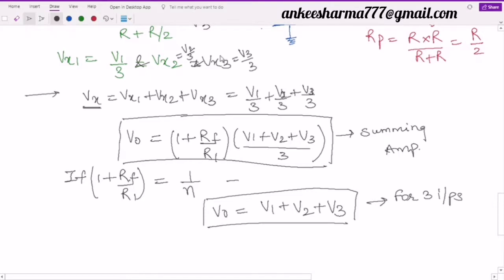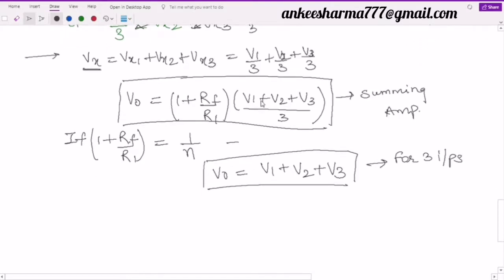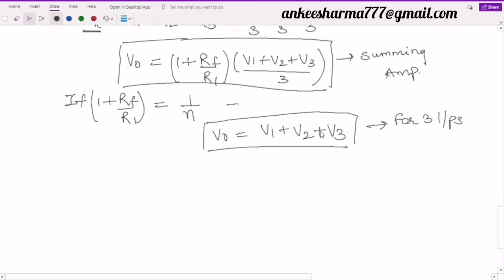Now, next is the averaging amplifier. We have obtained this summing. Now, what we want is this sum of the voltages to be divided by the total number of the input voltages. So, to get the averaging amplifier from the summing amplifier, 1 + RF/R1 should be equal to n, no?